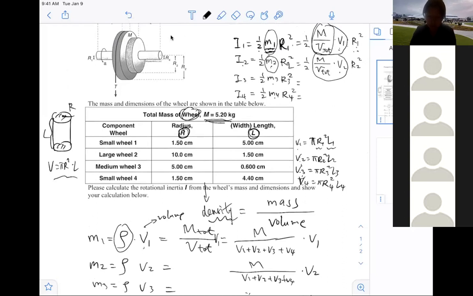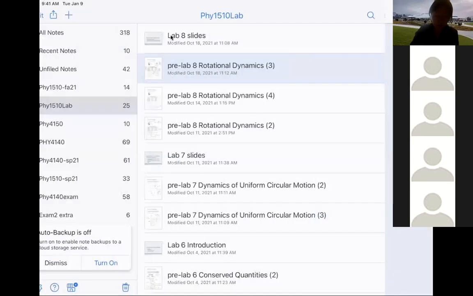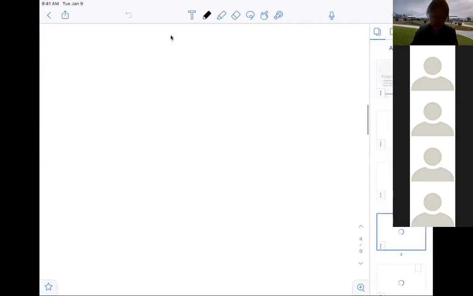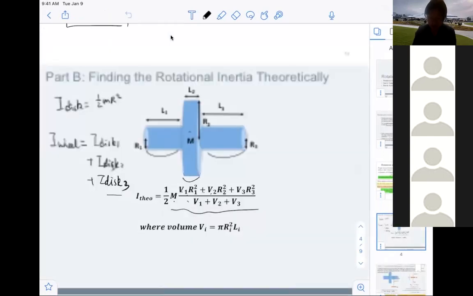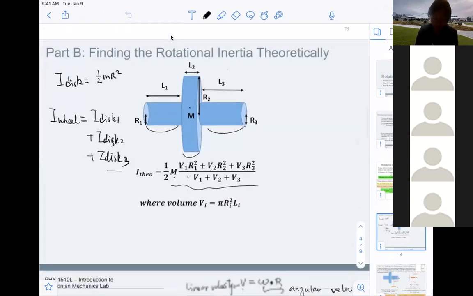And then you can plug into the rotational inertia equation and calculate the rotational inertia. In our lab, we are dealing with only 3 disks, so that's even more simplified. So I is I1 plus I2 plus I3.